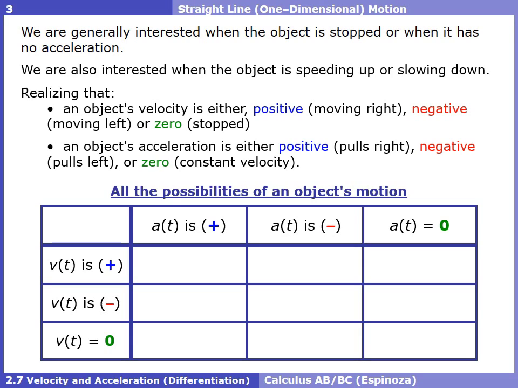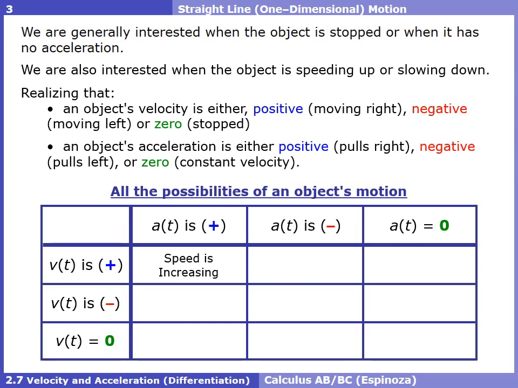In this first box, what happens when velocity is positive, which means we're moving to the right, and acceleration is positive, which means there's a pull to the right? Well, in that case, concerning speed, the speed would be increasing. If we're moving to the right and we get shoved more in the direction of going right, we're going to increase our speed.